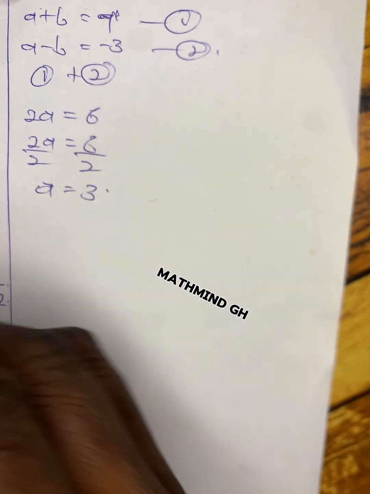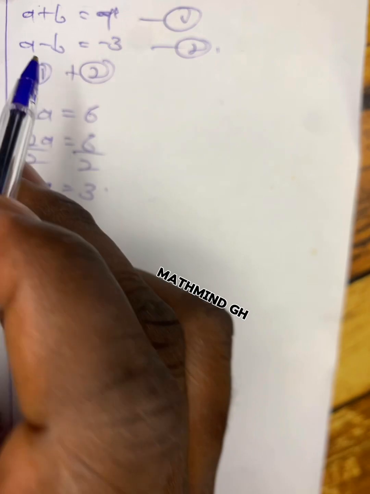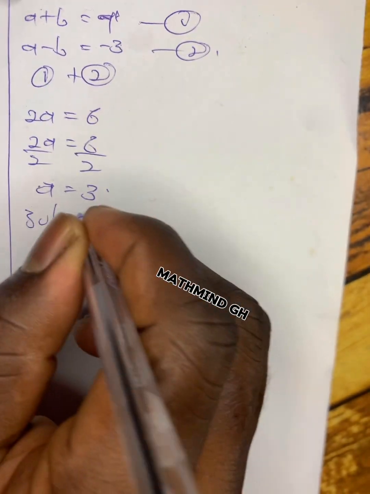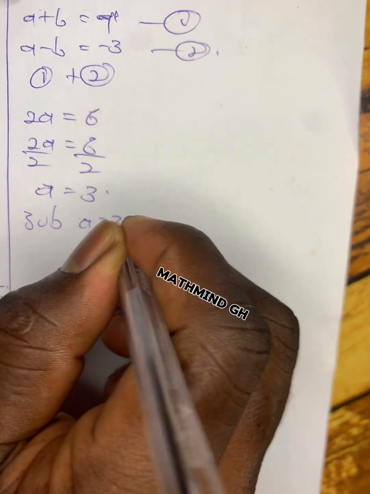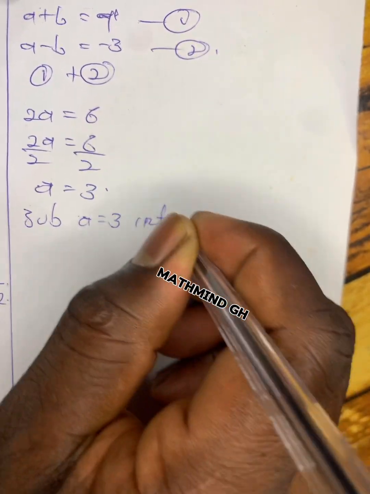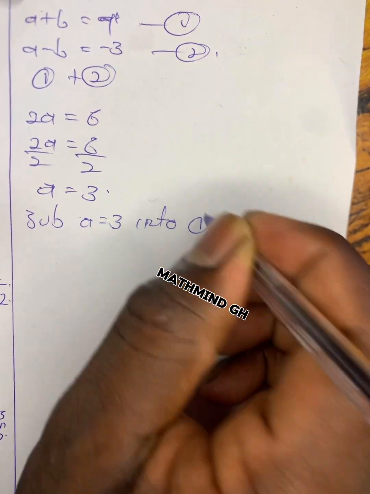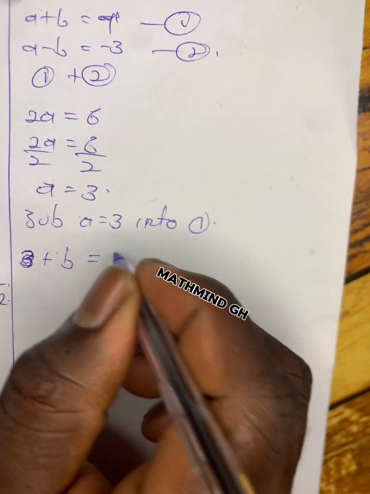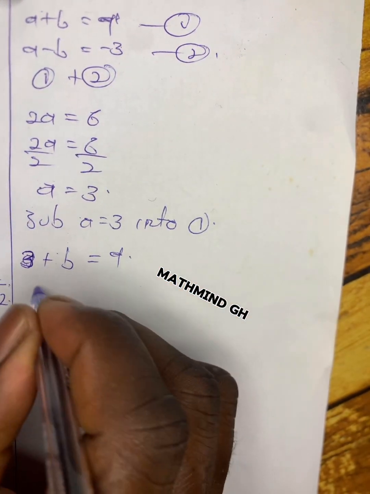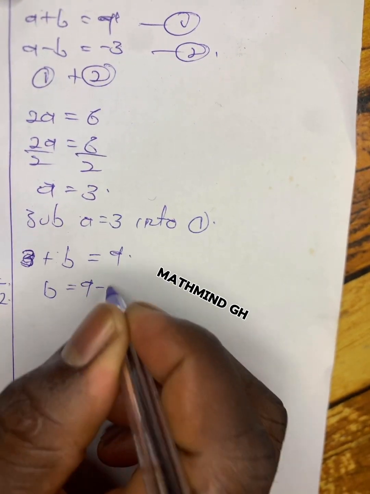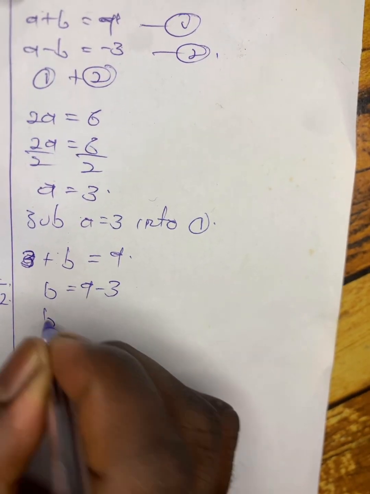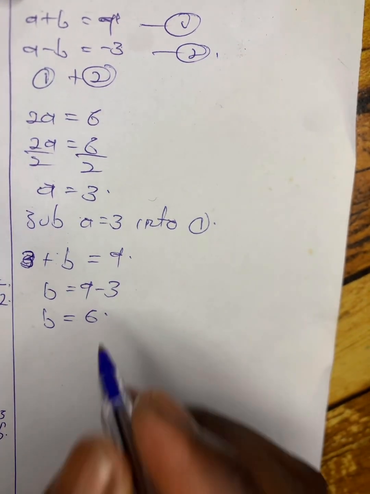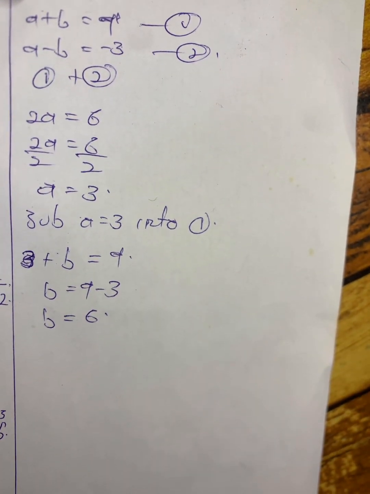Then we substitute a into any of the equations to get the value of b. It's my choice to take any of them. If I substitute a = 3 into equation 1, we have 3 + b = 9, which gives b = 9 - 3, so b = 6. That is the value of b.